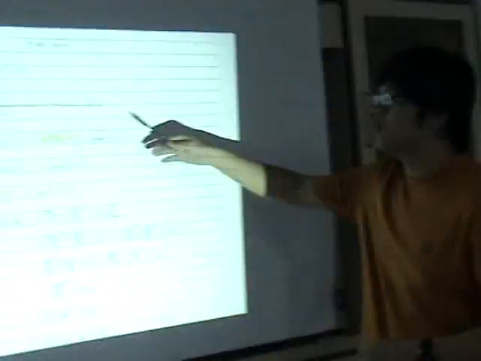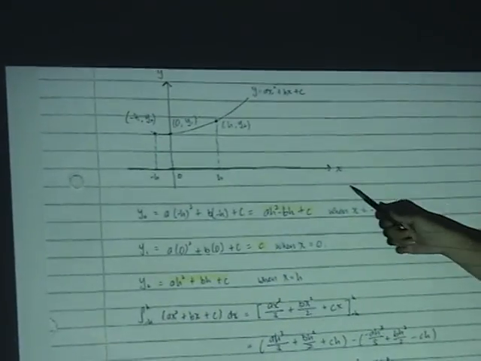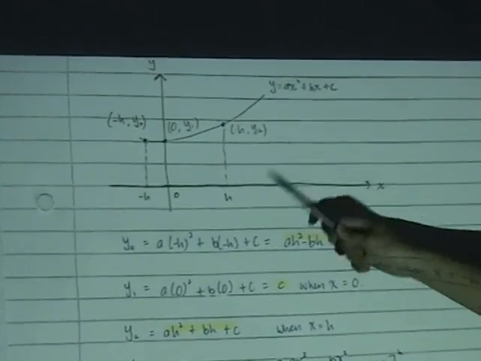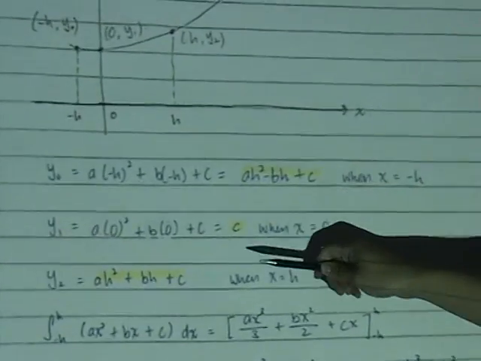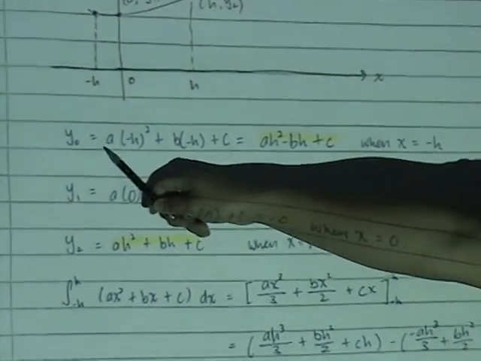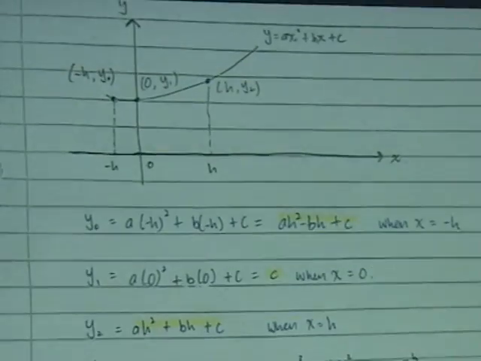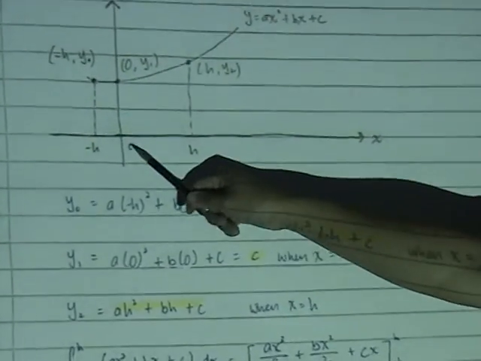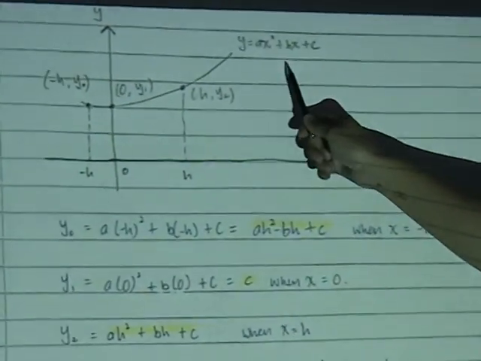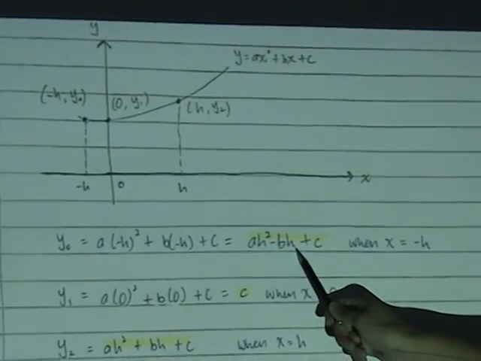Now I'm trying to prove Simpson's rule to you. From this graph, you can find out how Simpson's rule is derived. y0 is this line over here, and you can substitute the value of x to be minus h into this equation, and you derive it to be this one.